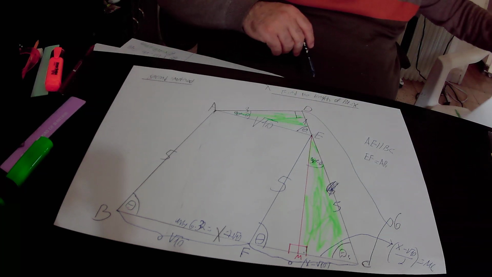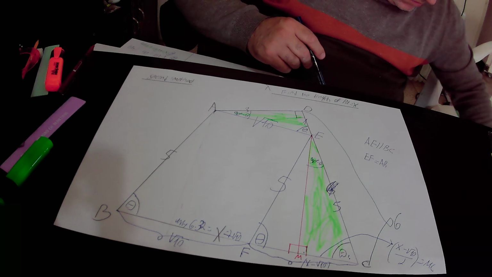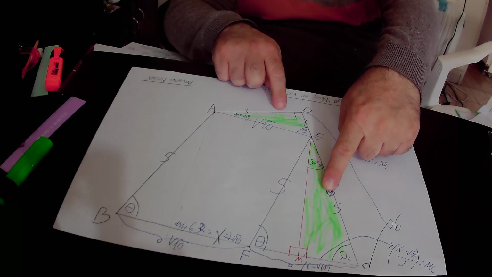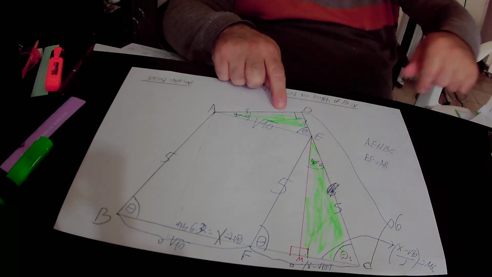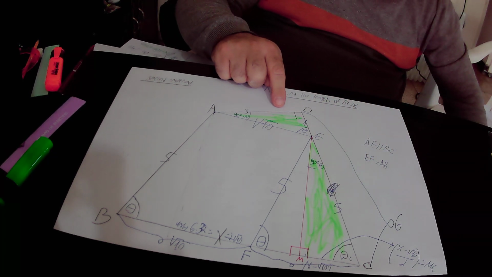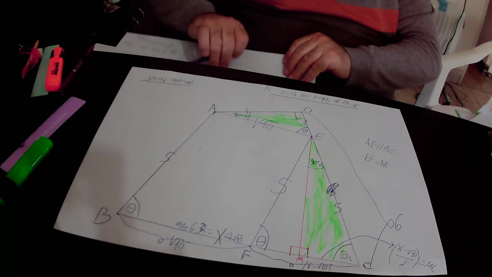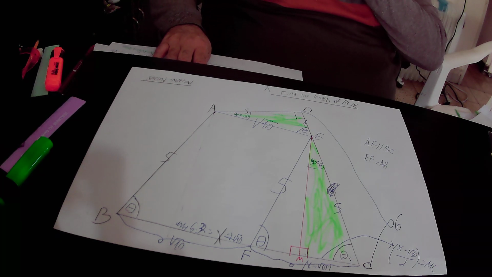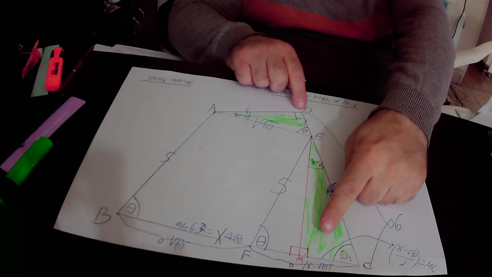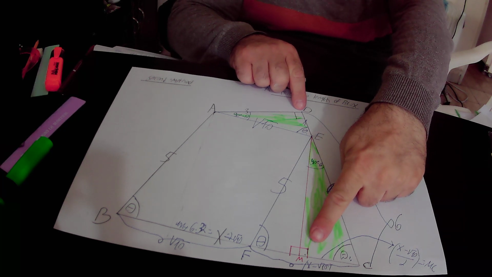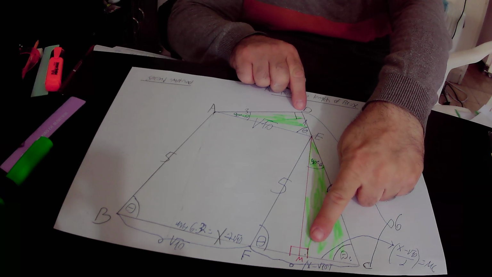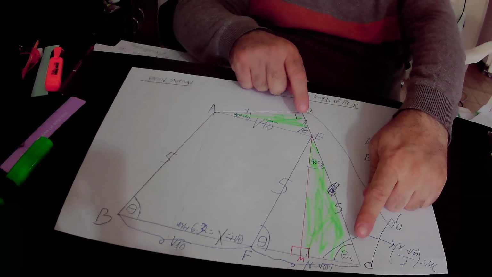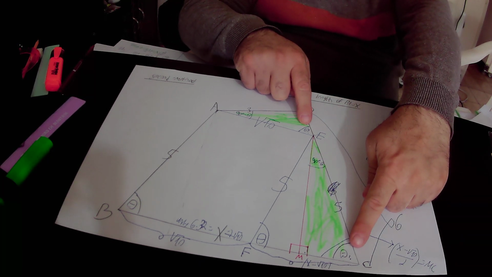And then we proved that those two right triangles are similar to each other according to the angle similarity rule. Why are they similar? First of all, those two angles are both equal to 90 degrees, therefore they are equal. Those two angles are both equal to theta.